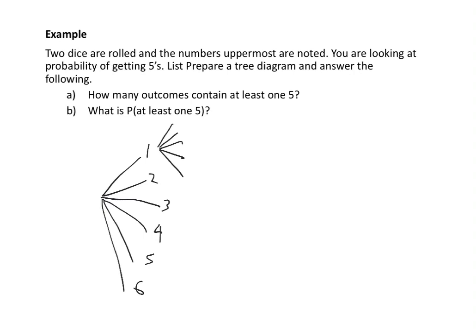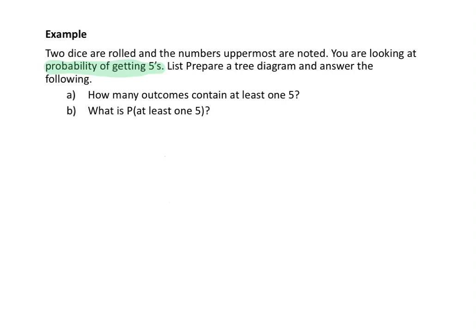That tree diagram is going to end up to be very large and very complex. Because we know in the question that we are looking at the probability of getting a 5, we can look at doing a reduced tree diagram. So instead of looking at all the possible outcomes, we can look at the possibility of getting a 5.